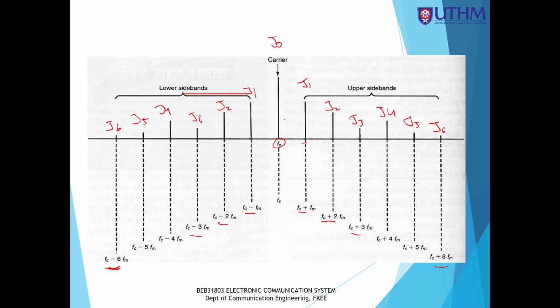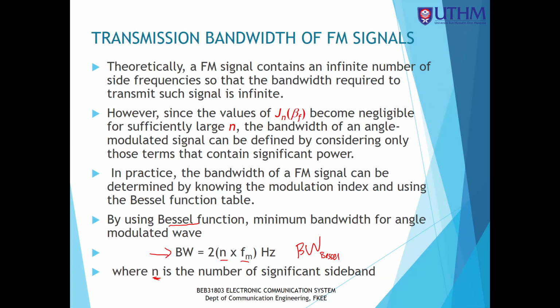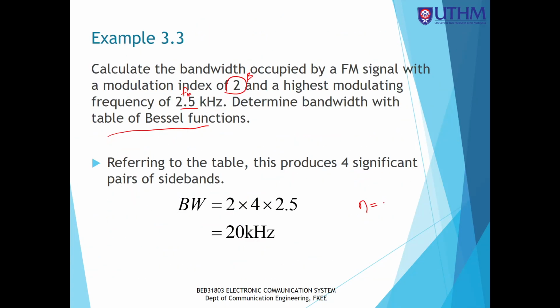So we can put it inside the equation. n equal to 4, so therefore the bandwidth is 2 times n times fm. 2 times 4 times 2.5, so we get 20 kilohertz. This is supposed to be kilohertz, this 2.5 kilohertz. So we get 20 kilohertz bandwidth. Okay, very simple.